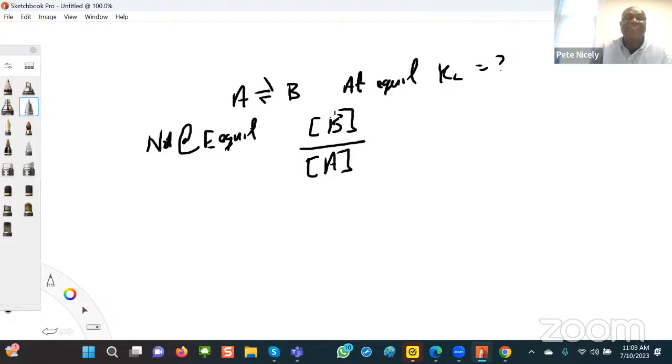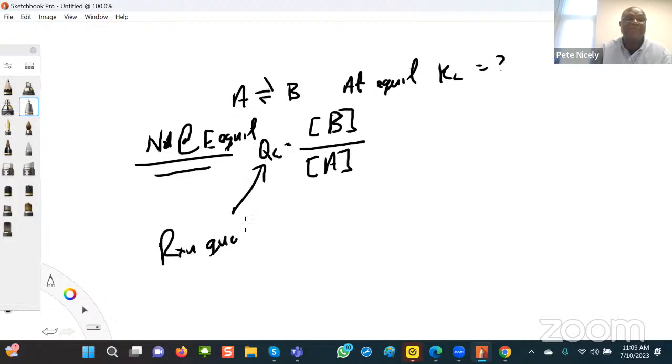But because this system is at this instant not at equilibrium, we cannot put Kc being equal to this. So there's a term that we use called the reaction quotient, which is symbolized by Qc. So Qc is the reaction quotient, and the reaction quotient is not a constant.